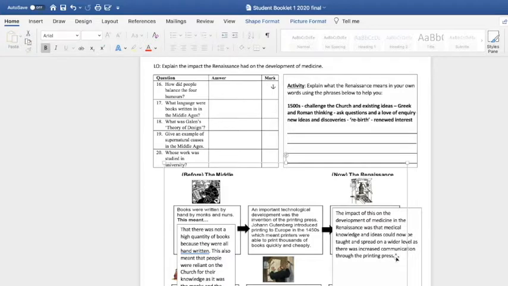Now when we think about improving medicine, we may be thinking about a number of things. So we might be thinking about improving medical knowledge, which is what this one is focused on. We might be thinking about being able to challenge the existing institutions to be able to increase the role of individuals and to perhaps influence ideas of inventions.